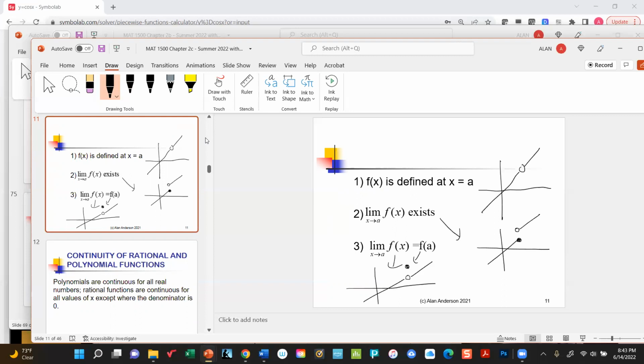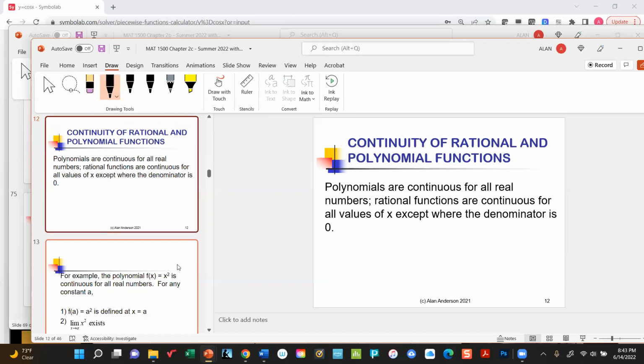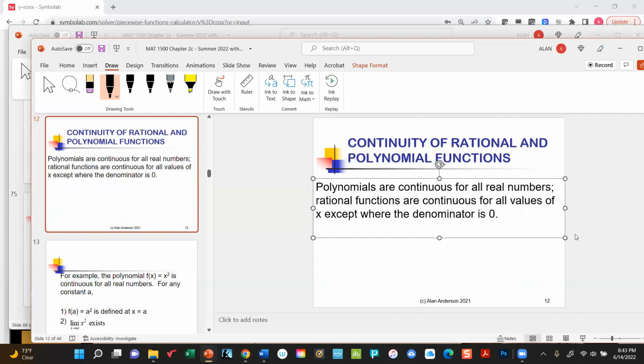Okay, now it turns out some types of functions, we don't have to worry about this. For example, polynomials. Polynomials are nice. They're very well behaved. One of the great things about polynomials is that they're always continuous because it's never possible to run into those problems we just saw. Okay, so remember what a polynomial is.